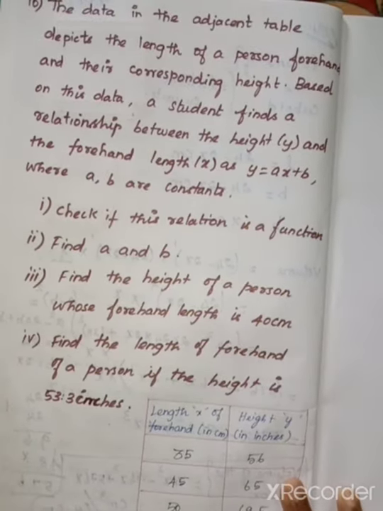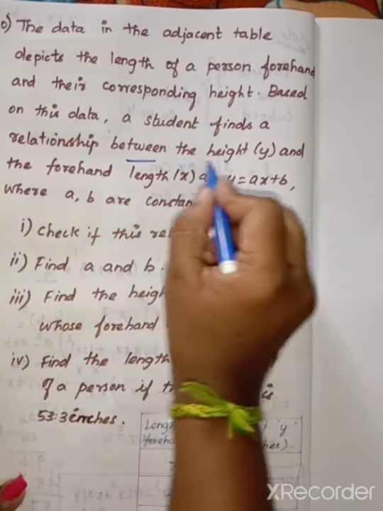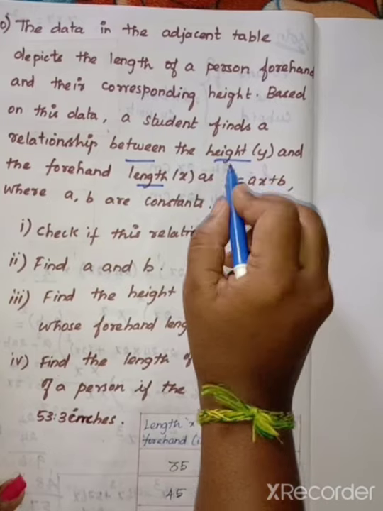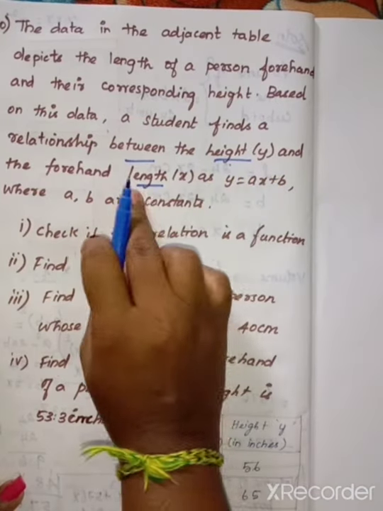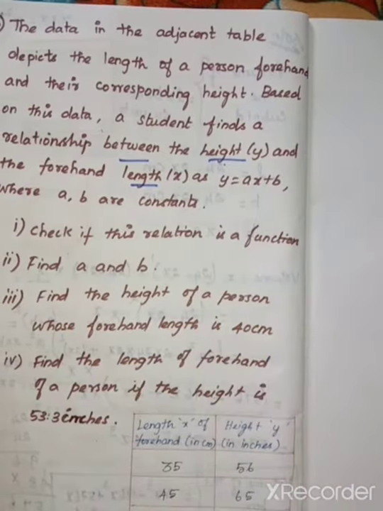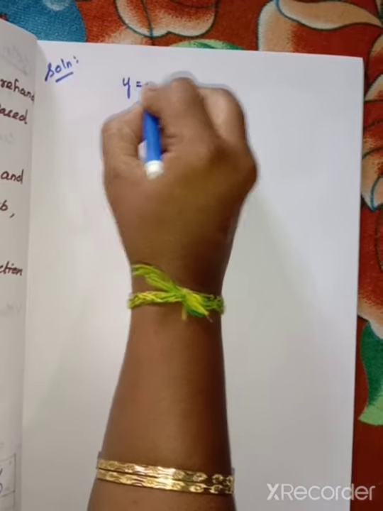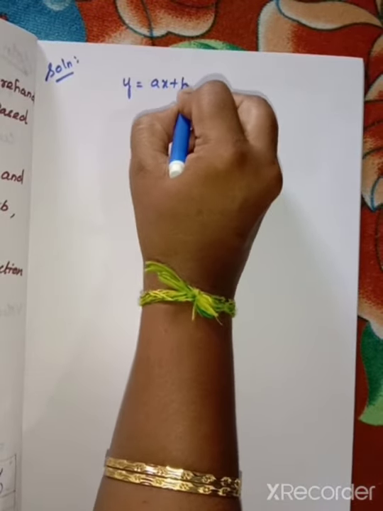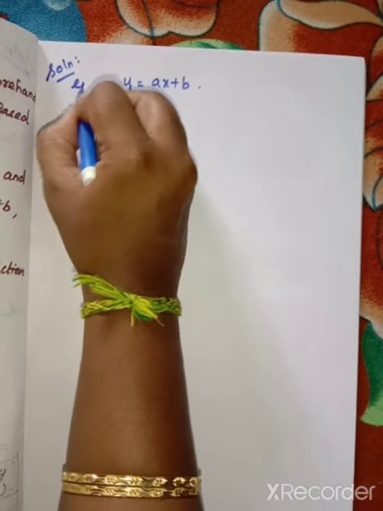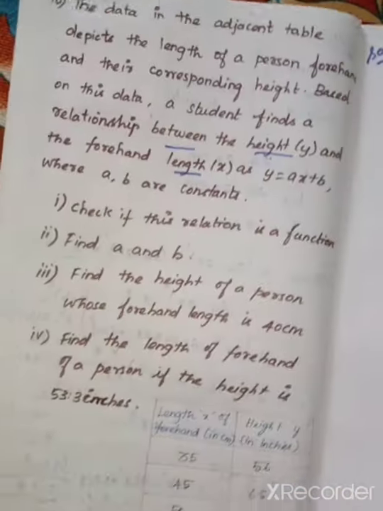First of all, from this question, they mention the relationship between the height and the length. Height is represented as y and the length is considered as x. So here the given is y equal to ax plus b. This is your given. From this, we have to find the four subdivisions.